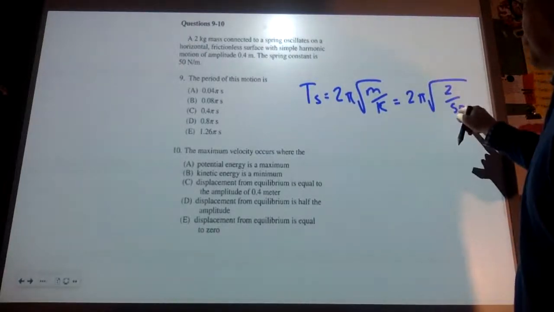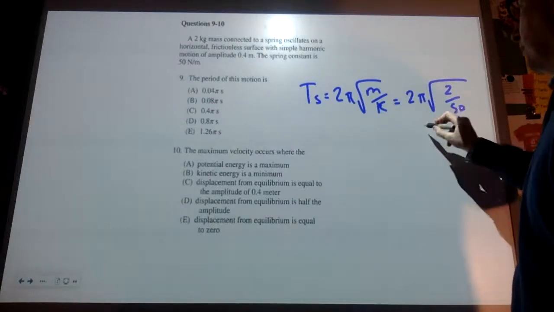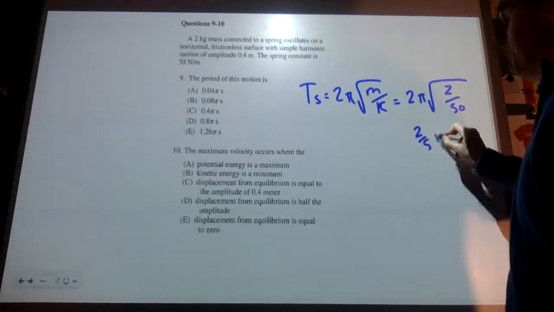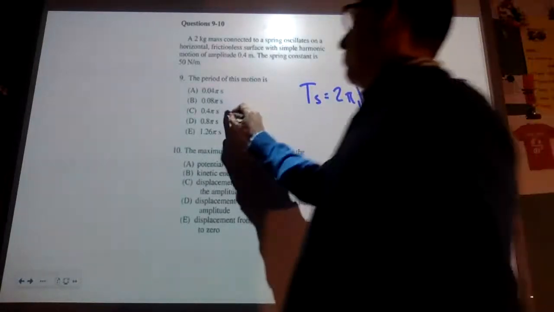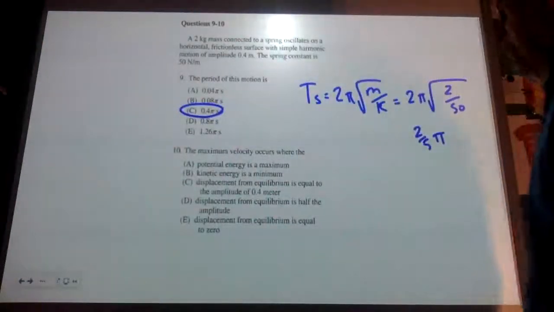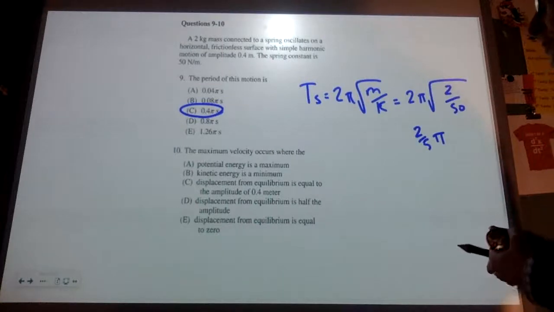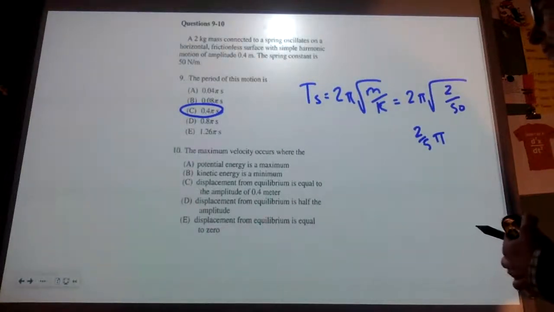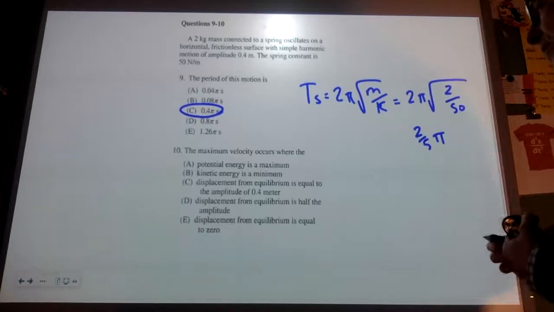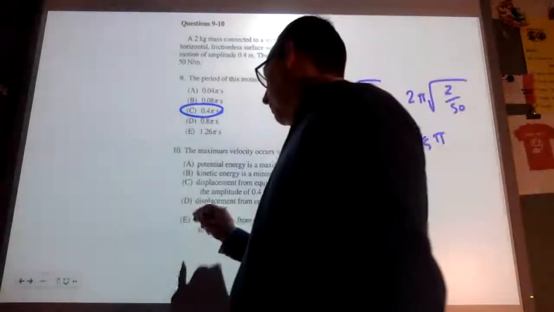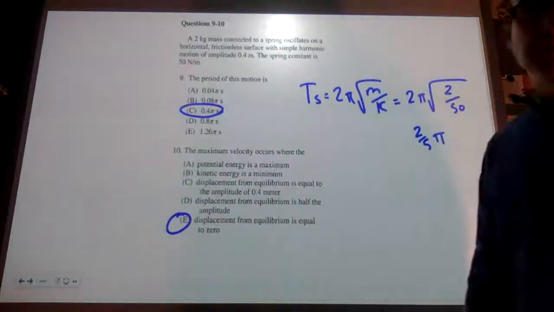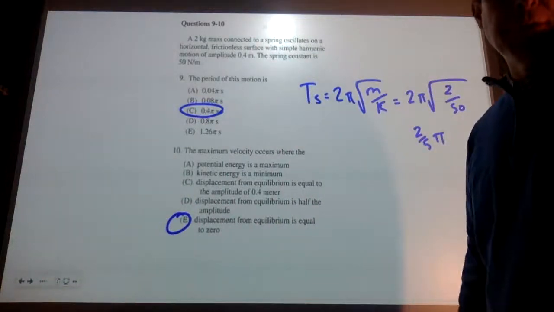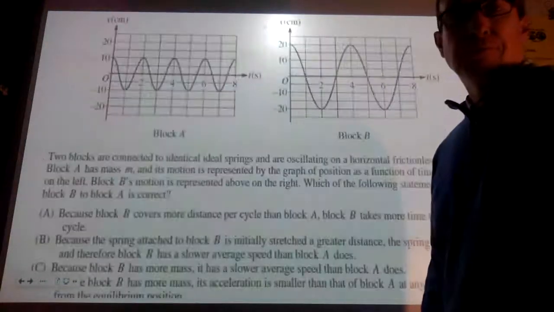So that would be 1 over 25, and the square root of 1 over 25 would be 1 over 5. So I have 2/5 pi, which is 0.4 pi. The maximum velocity occurs when the spring is neither stretched nor compressed, so the displacement from equilibrium is equal to 0.